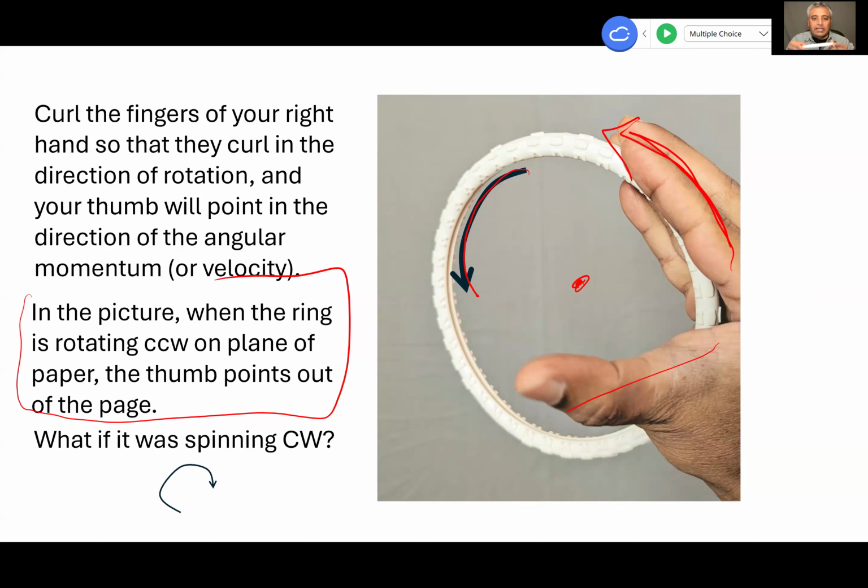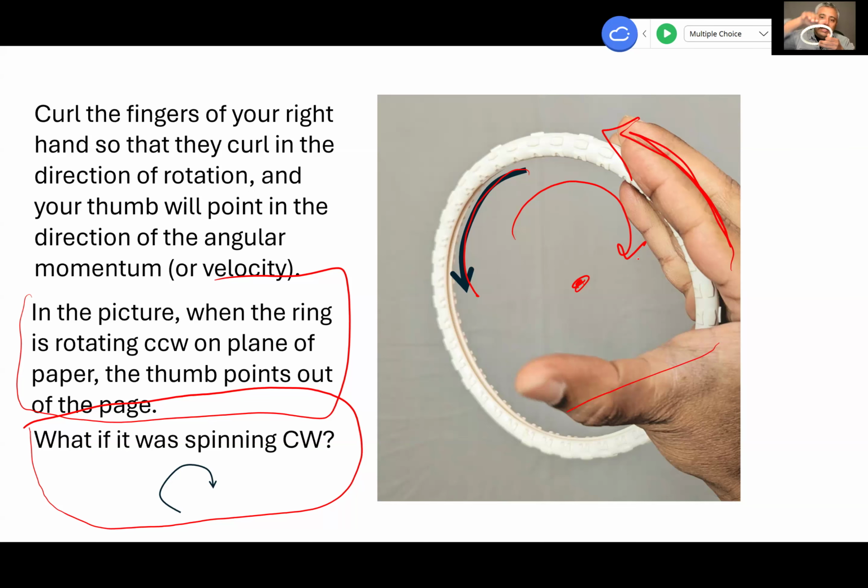If your paper is sitting inclined, then still it's coming out of the paper. So that's another way to write the direction. Now, I'm hoping you can tell what would happen if it is spinning clockwise, meaning if it was going that way.